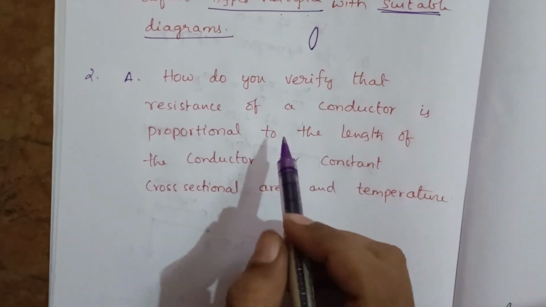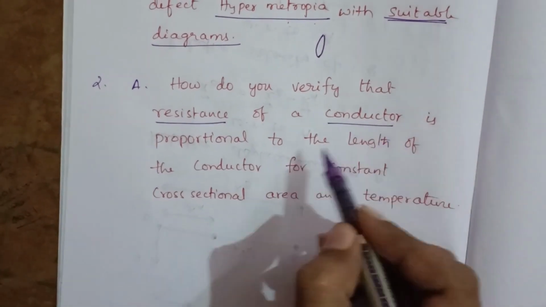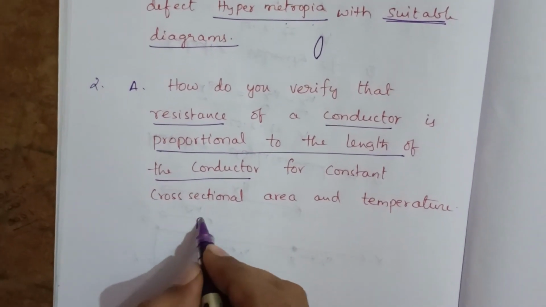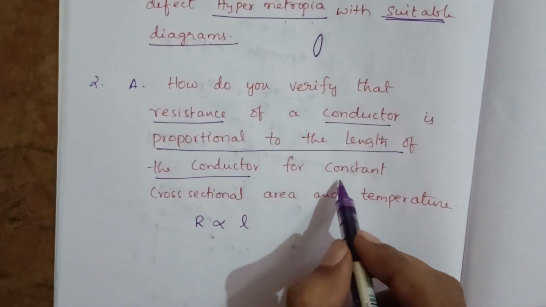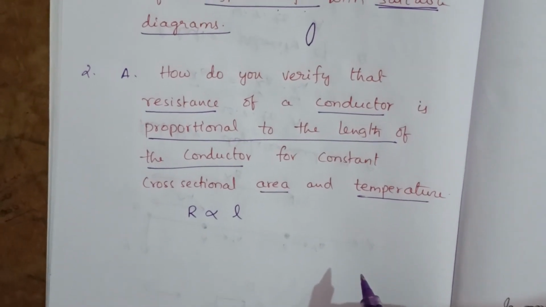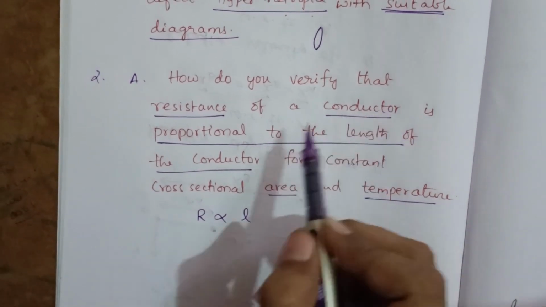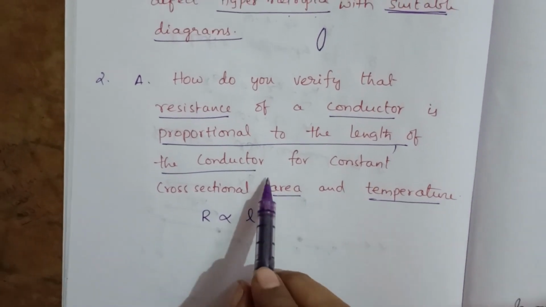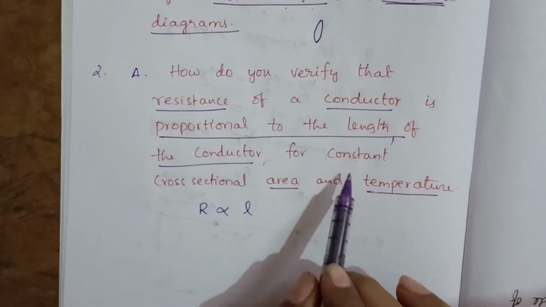Now the next question is: how do you verify that the resistance of a conductor is proportional to the length of the conductor? Resistance is proportional to length for constant cross-sectional area and temperature.